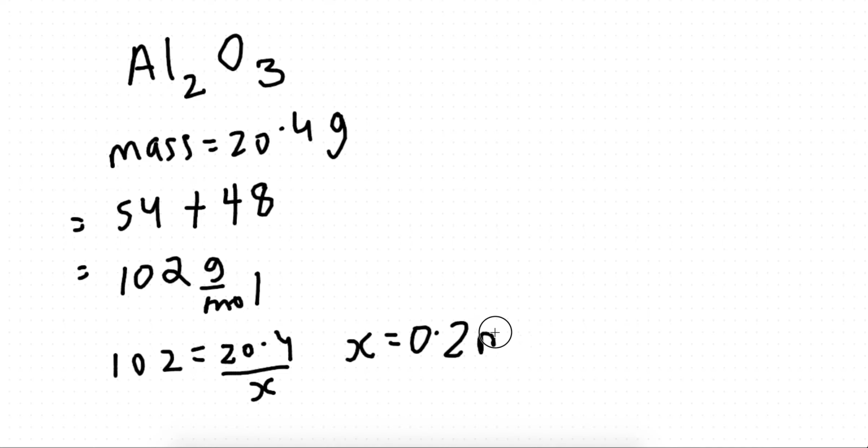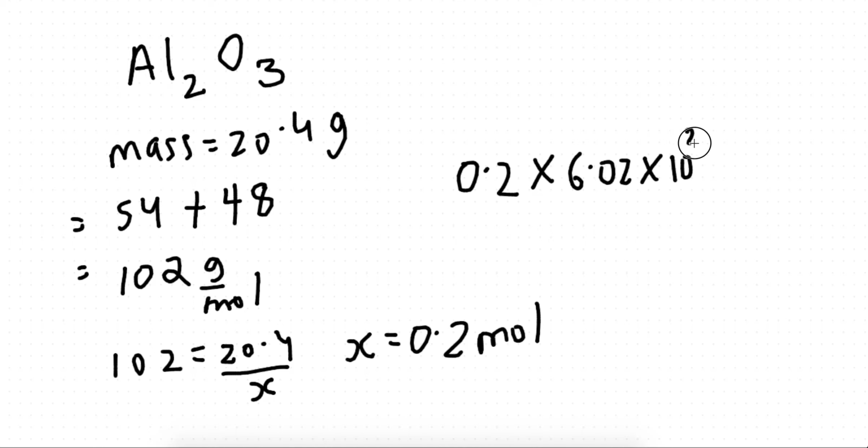So we've got the number of moles. Now we want to find the number of ions. So 0.2 times 6.02 times 10 to the power of 23.